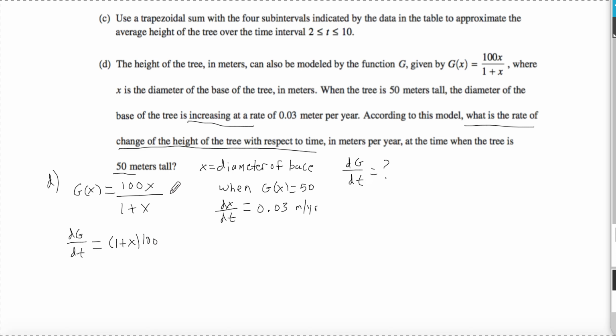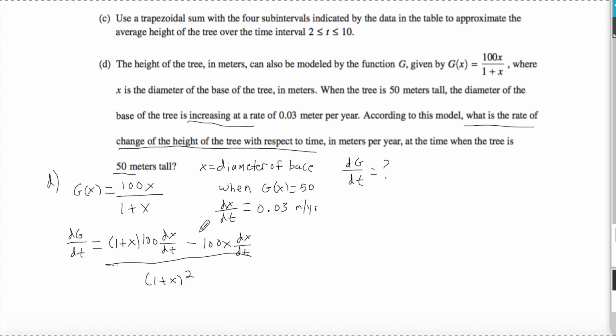Everything's changing over time, right? So this 100 gets a dx dt. Then low times derivative of the high, minus the high function times the derivative of the low. The derivative of 1 is 0, the derivative of x is dx dt, all over the low function squared, which is 1 plus x squared.